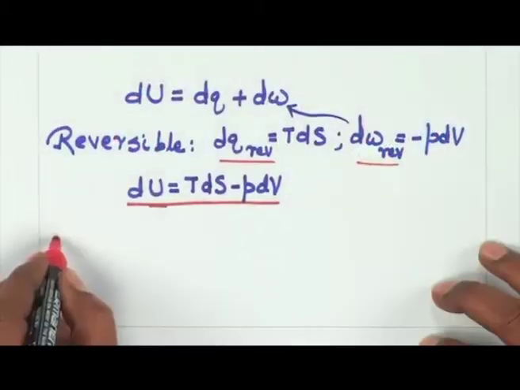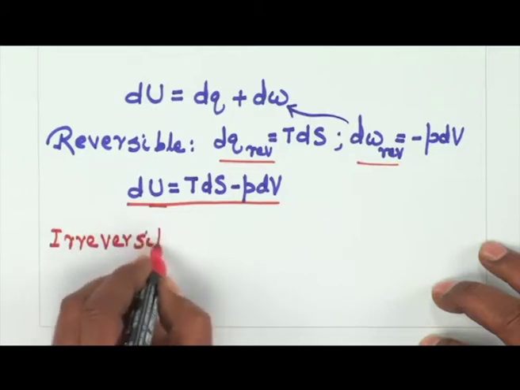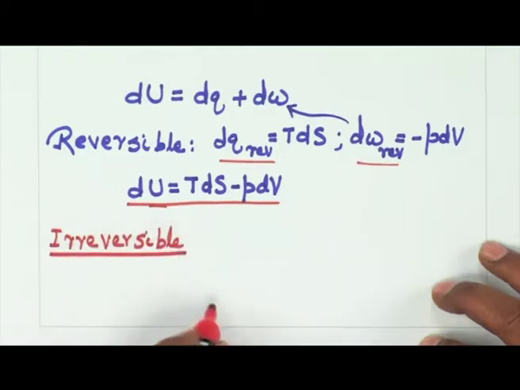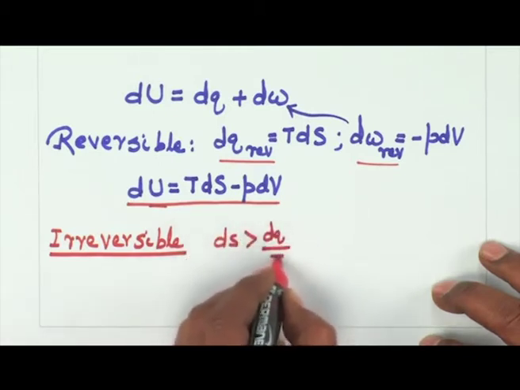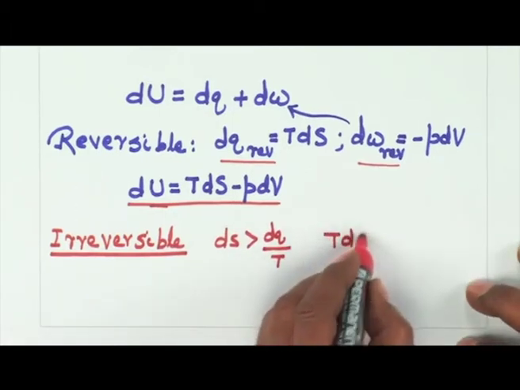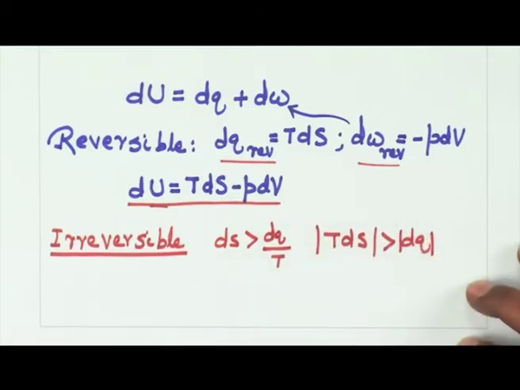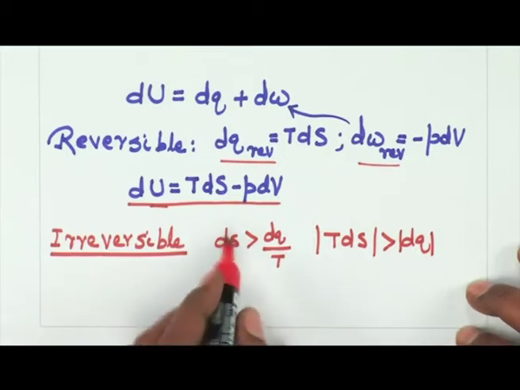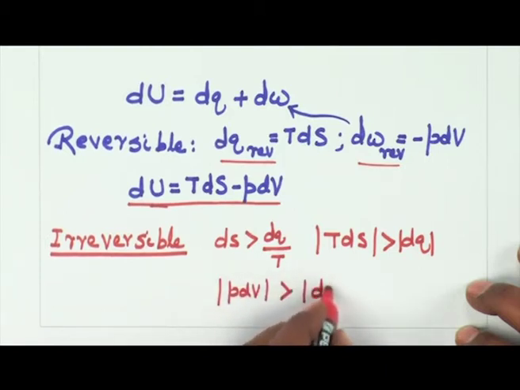Now, suppose the process is irreversible. Then from Clausius inequality, dS is greater than or equal to dq by T. That means TdS is greater than dq. And let me just take the mode. The mode of PdV will also be greater than dw, because when we talk about reversible work, we talk about minus PdV, and I am taking the mode over here.